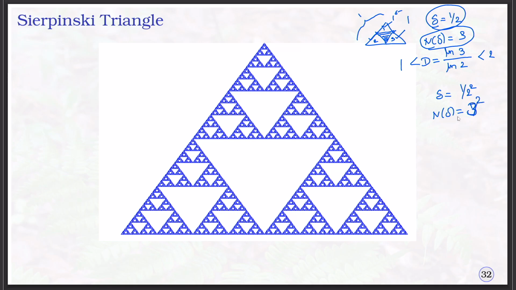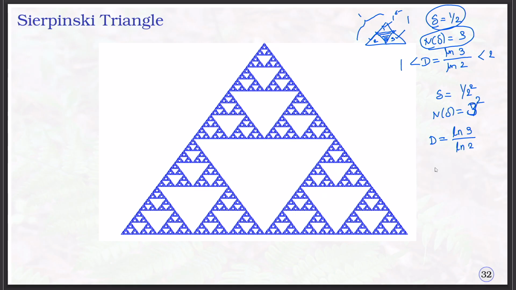We need 9 boxes of size 1 by 4 to cover the Sierpinski triangle in the second iteration. So, if you find the d value here, one can get the same value ln 3 by ln 2, the 2 will cancel.